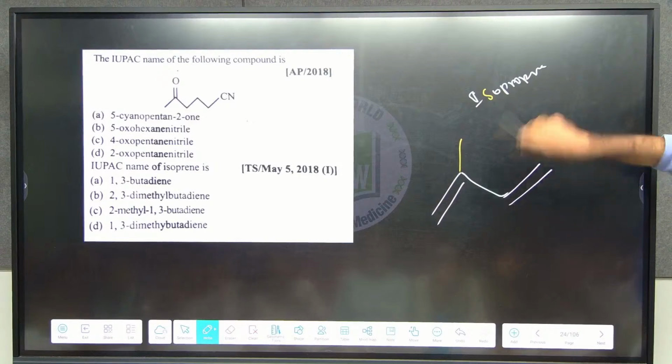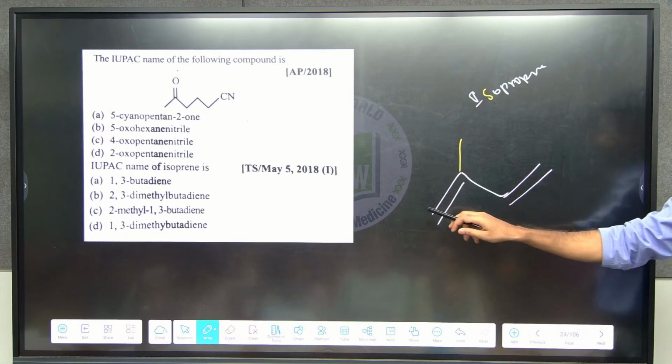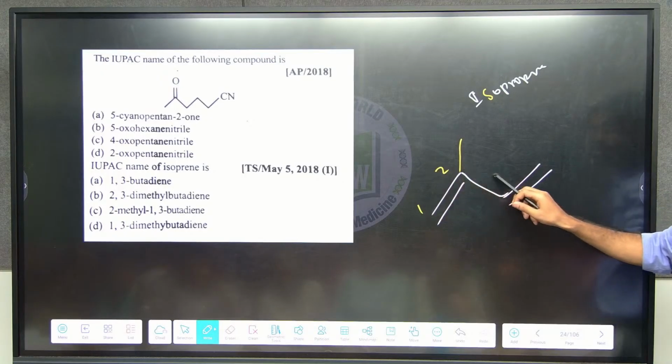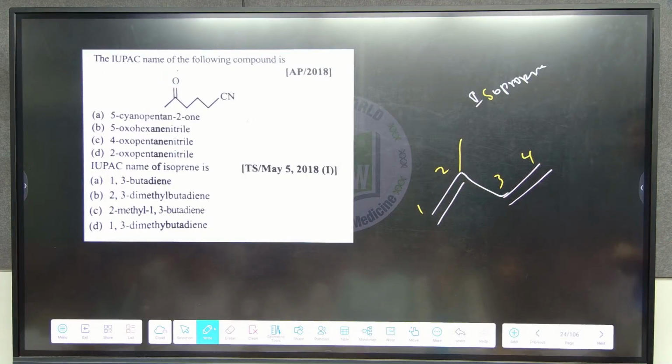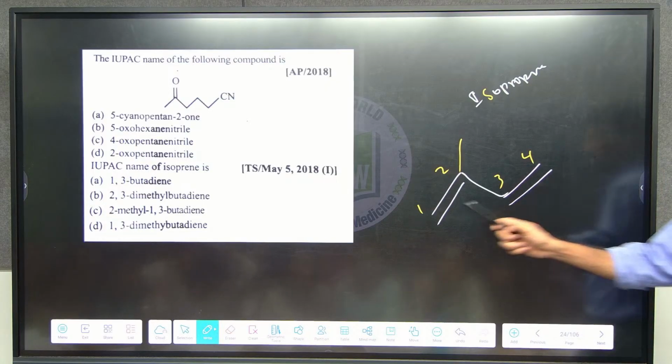So write its name. From where I should number it? 1, 2, 3, 4. Tell me now. 2-methyl-1,3-butadiene.